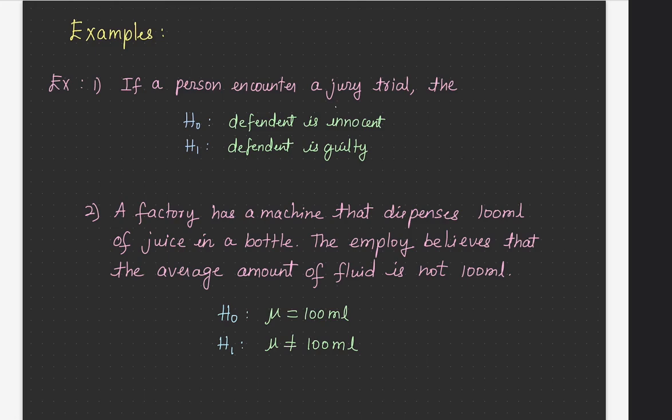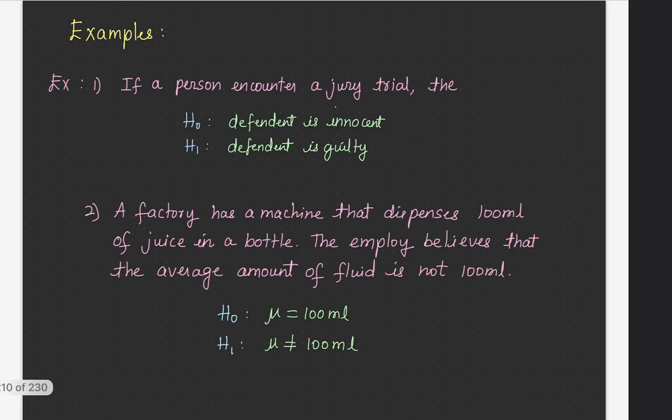They always want to prove that the defendant is guilty. First they assume that the defendant is innocent, and they collect enough evidence to say that H naught is not true. That is, they reject this and accept the statement that he is guilty.